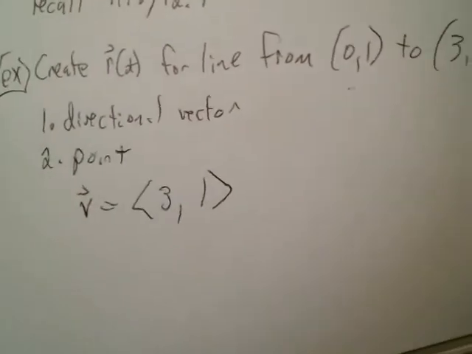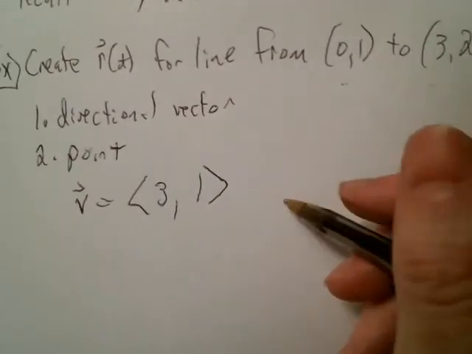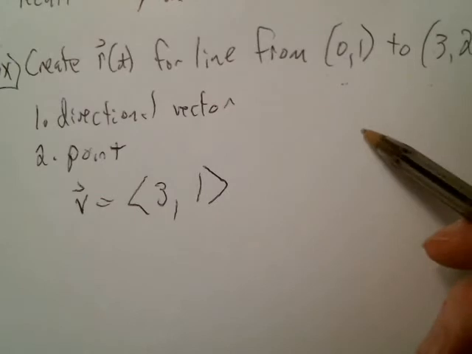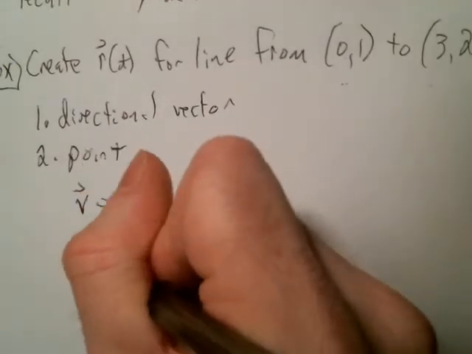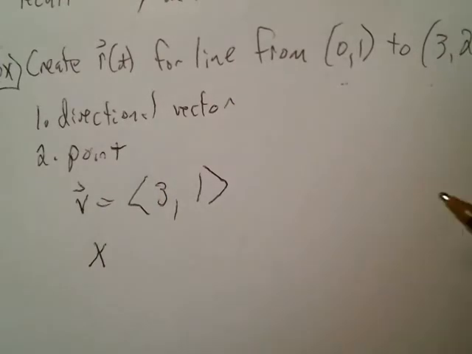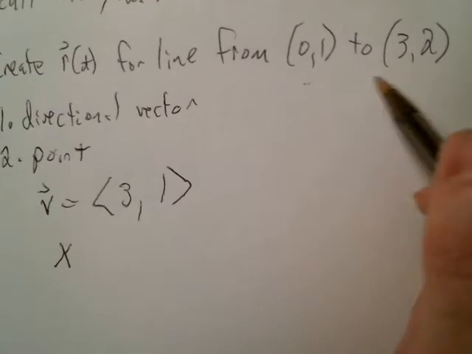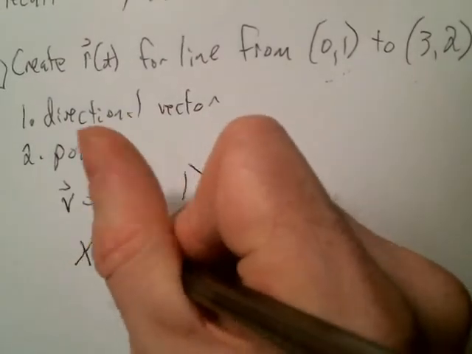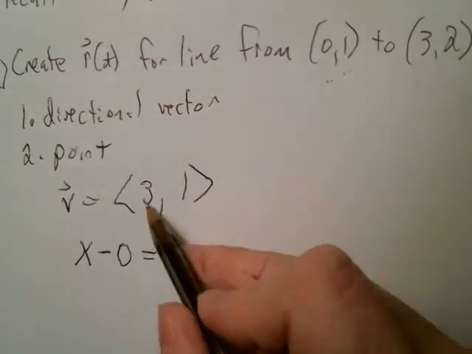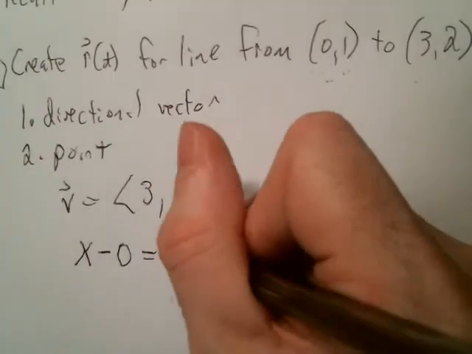Okay. And what that means is that our equation of a line has to have x values such that when I create a vector from any x value on that line with one of these points, so I'll just take this point here, x minus 0 has to be a constant multiple of this component here.